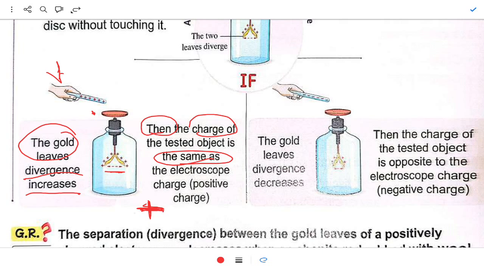And vice versa: if the divergence of the gold leaves decreases, then the charge of the tested object is the opposite, so you have a negative charge, because you charged the disc with a positive.